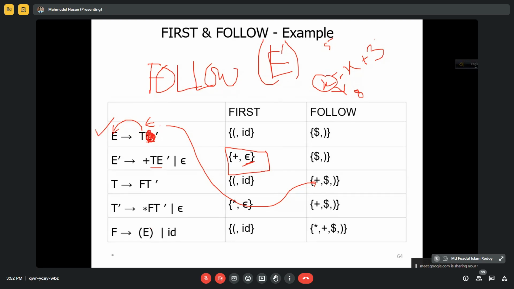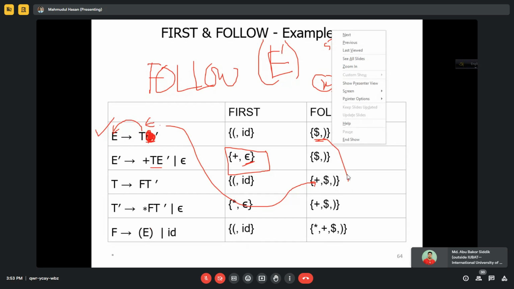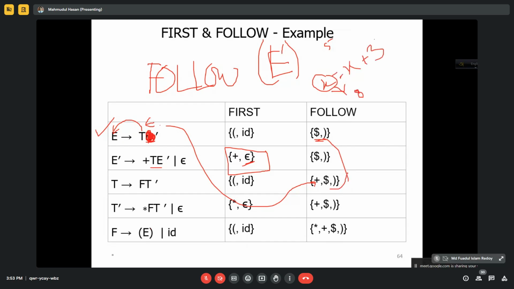Then what is the follow of T? After T there is nothing. That means follow of T equal to follow of E. And we already calculated follow of E, that is dollar and closing bracket. So those will also be the follow value of T.